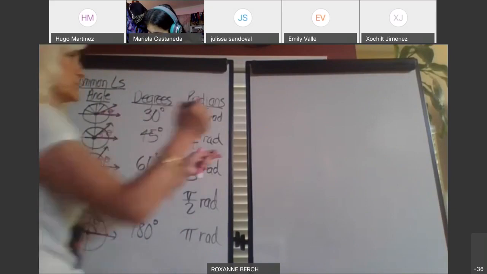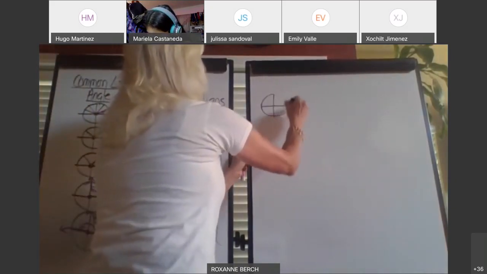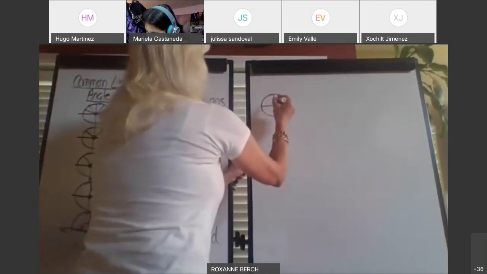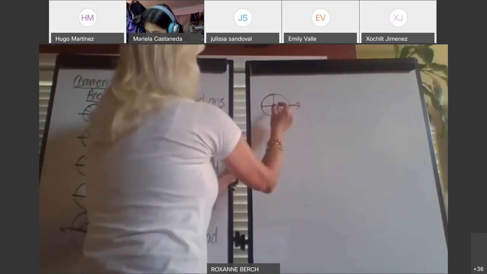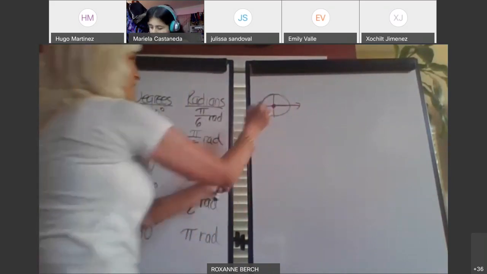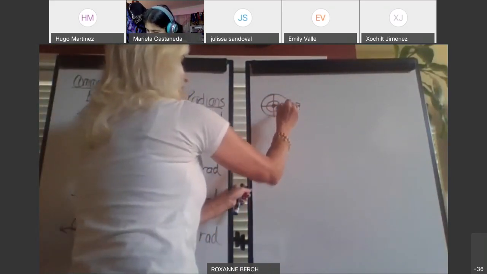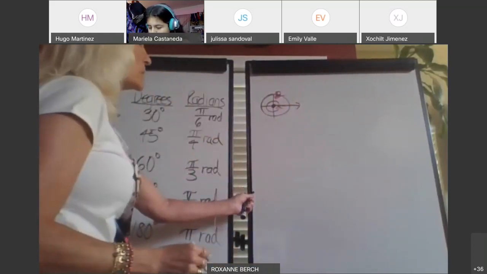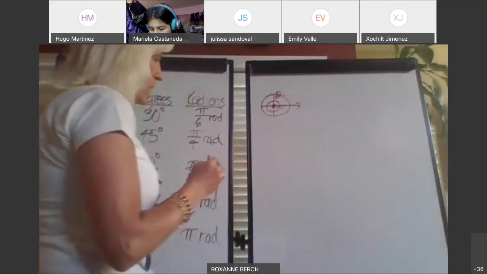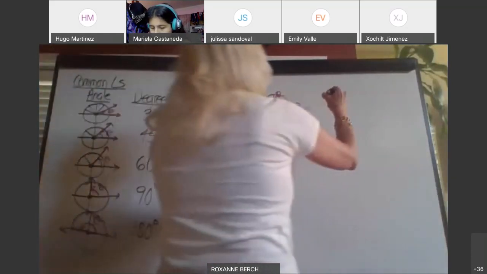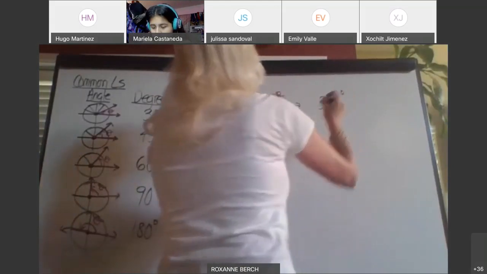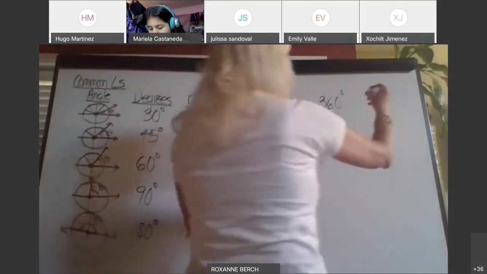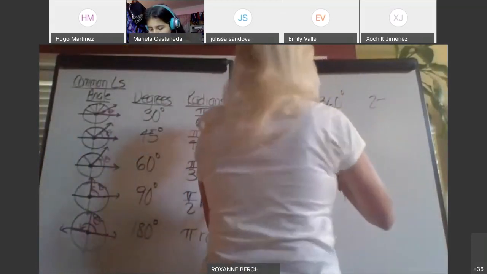I lied, there's one more. I'll just put it over here. This angle in standard position, if I do a full revolution, beta this time, the degree measure would be 360 degrees. And it would be pi plus pi is 2 pi radians.